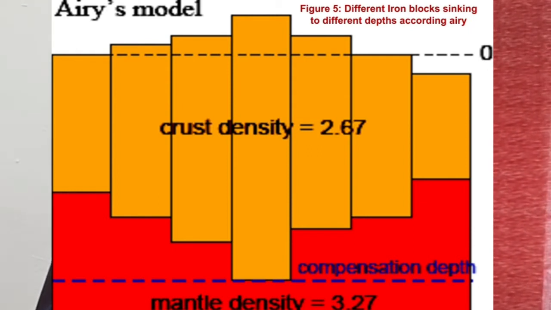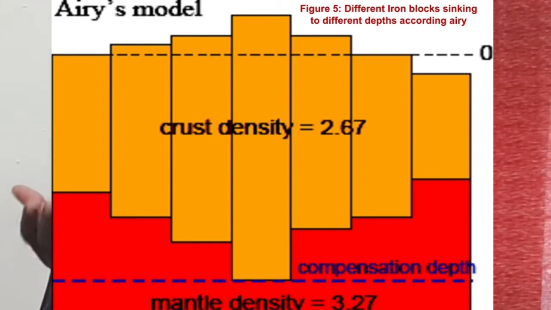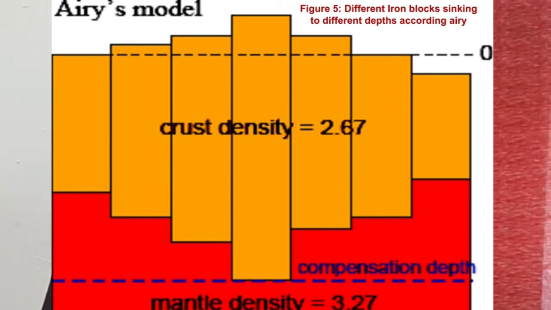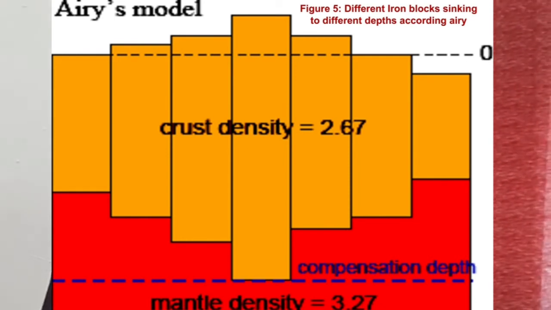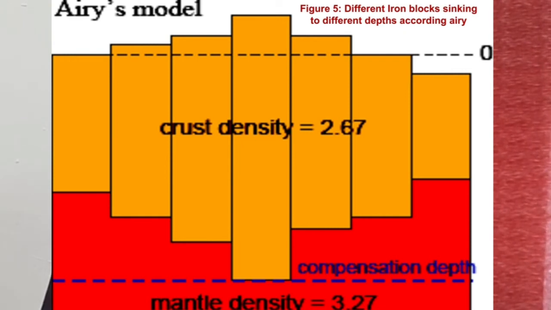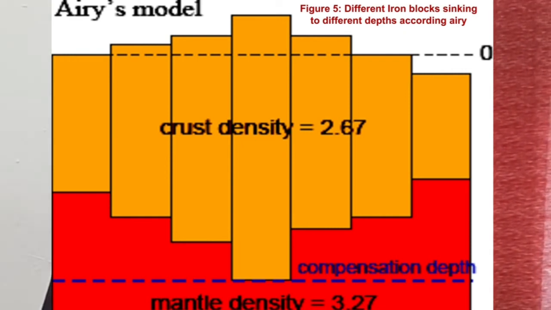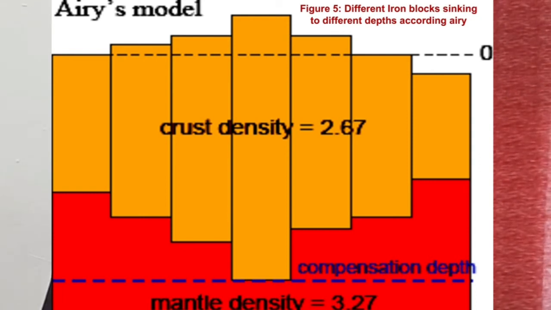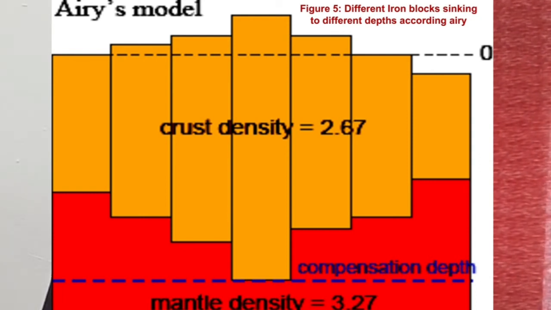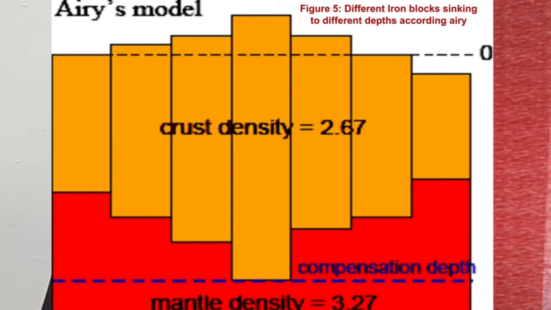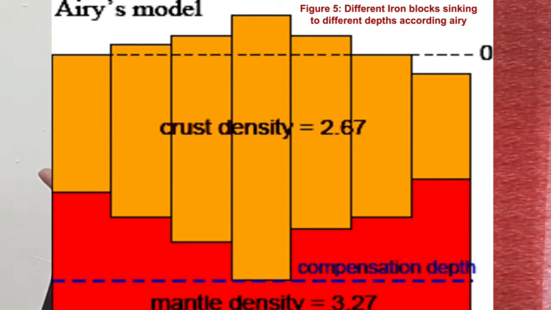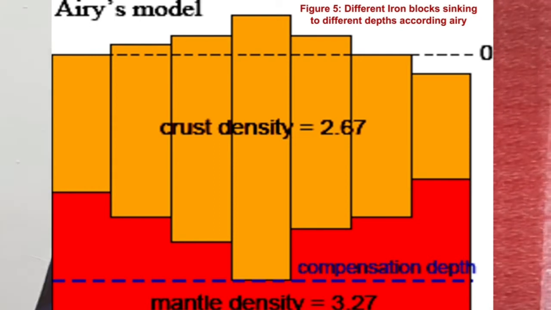This analogy of iron blocks of equal density and varying lengths to prove the concept of flotation would mean that if Mount Everest is 8,848 meters high and if the assumed ratio of draught and freeboard is correct, then there is a downward projection of lighter material beneath that mountain reaching a depth of 79,632 meters, that is around 80,000 meters.